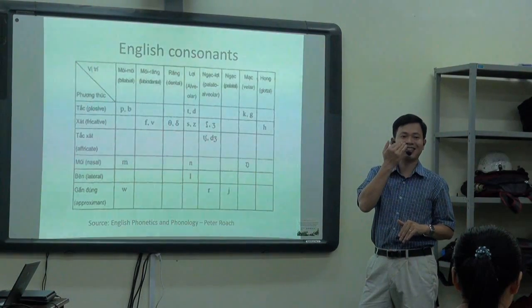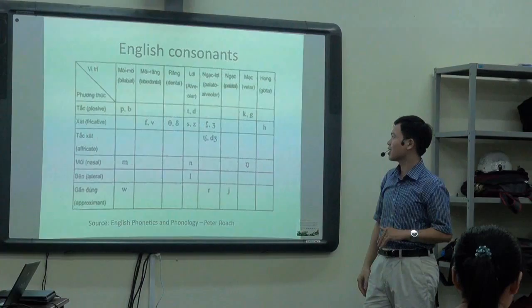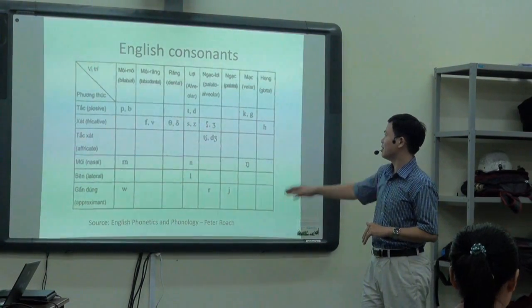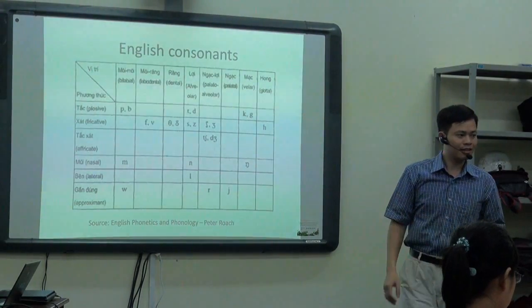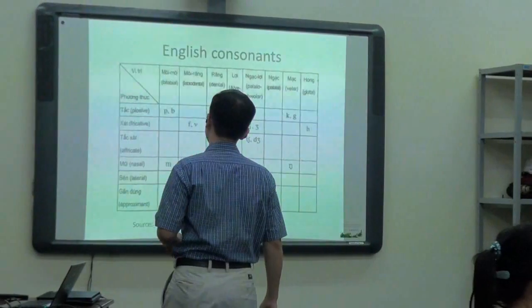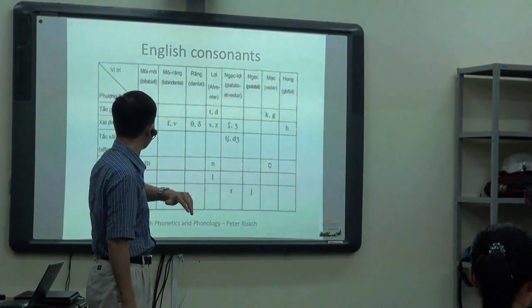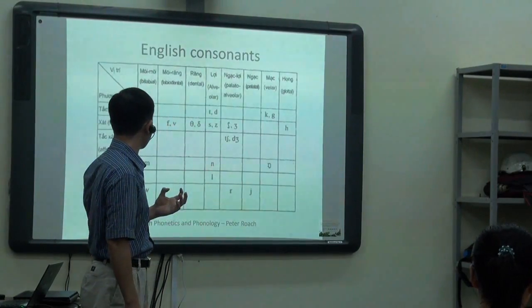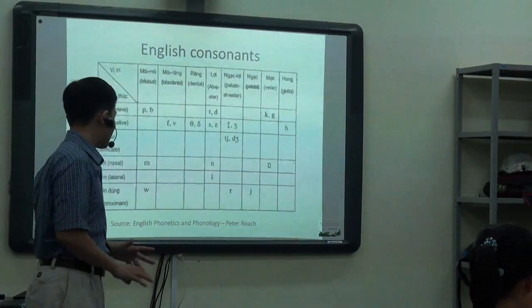You see, the teeth and the tongue come closer. And lastly, ka, and the uvula is used. For manner of articulation, we can have plosive sounds, fricative sounds, affricative, nasal sounds, lateral sounds.